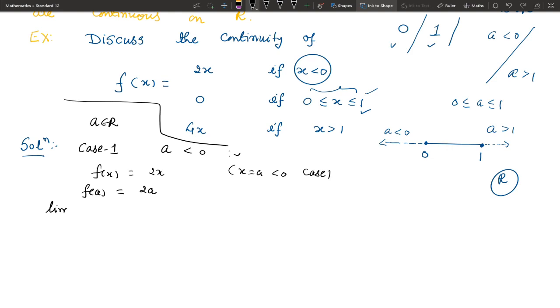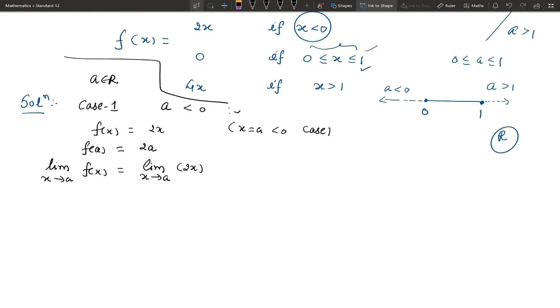Limit x tends to a, f of x equals limit x tends to a, 2x, from the definition of the function. Now put x equal to a, so this is 2a, which is nothing but f of a.